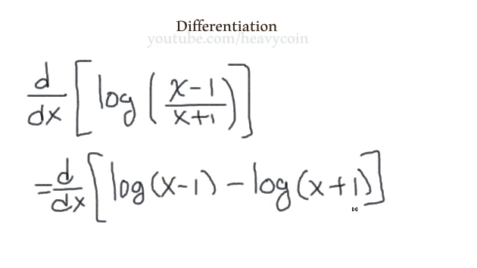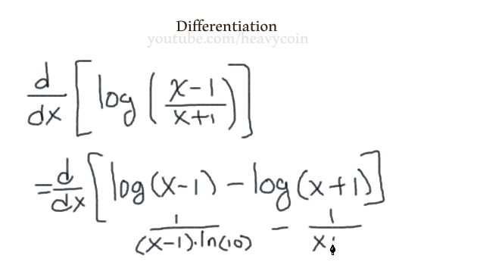Now we take the derivative, so this becomes 1 over x minus 1 times the natural log of 10, minus 1 over x plus 1 times the natural log of 10. All right. So that's going to end up being the derivative finally. So we have to rewrite, expand it out, and then take the derivative. All right.